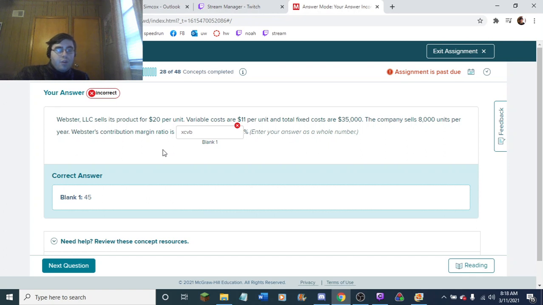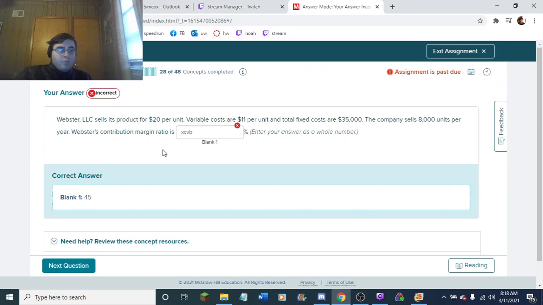The contribution margin. Okay, 35 divided by 8,000. The contribution margin is that. Or no, that's the fixed costs. I already found that the contribution margin is 9.